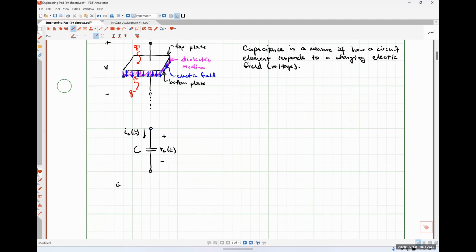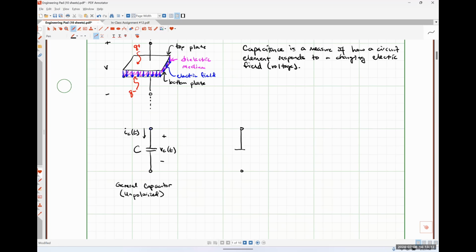This is what I'm going to call a general capacitor or an unpolarized capacitor. Now, in some textbooks, YouTube videos, and all of that kind of good stuff, you might see another symbol that is very regularly used to illustrate capacitance.